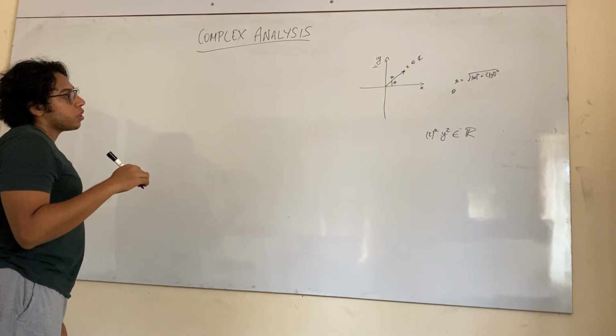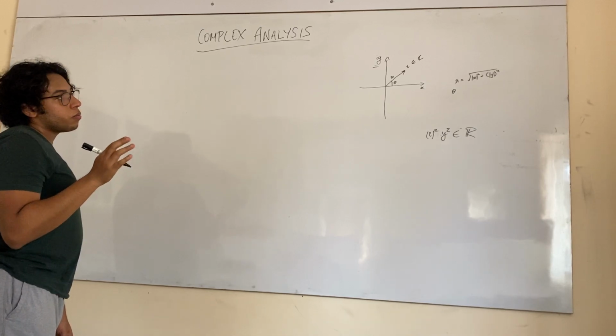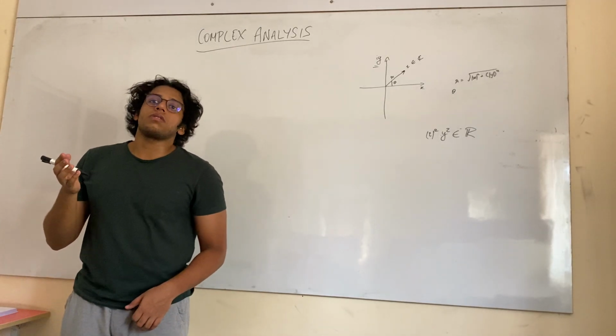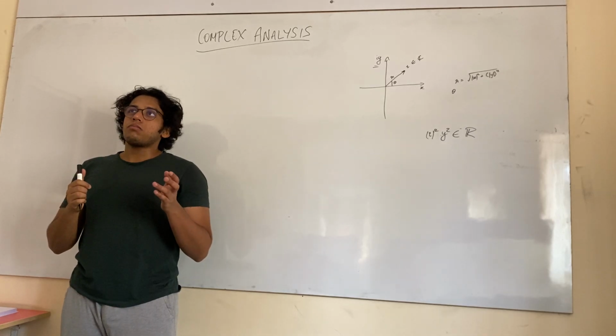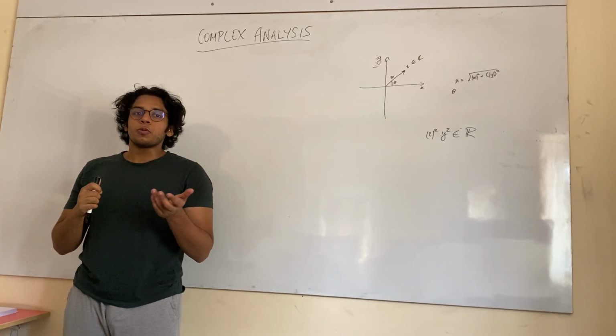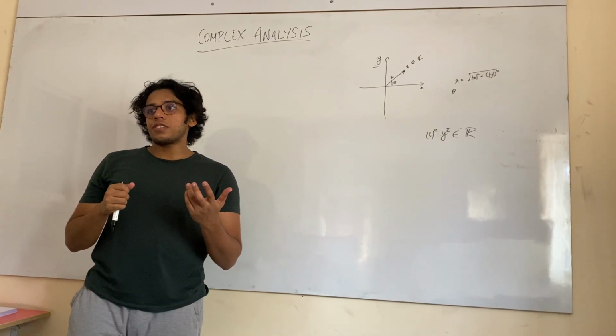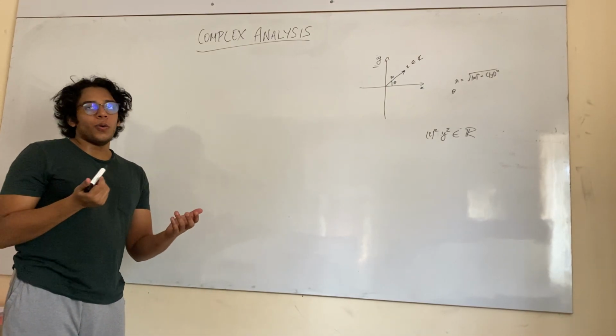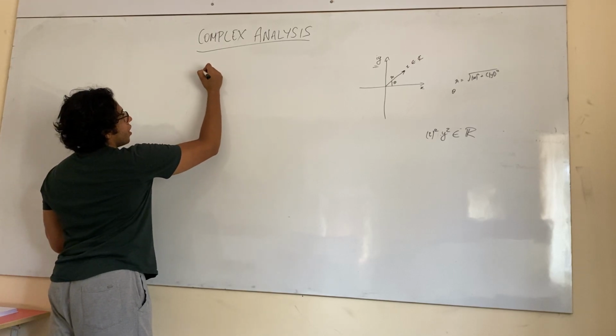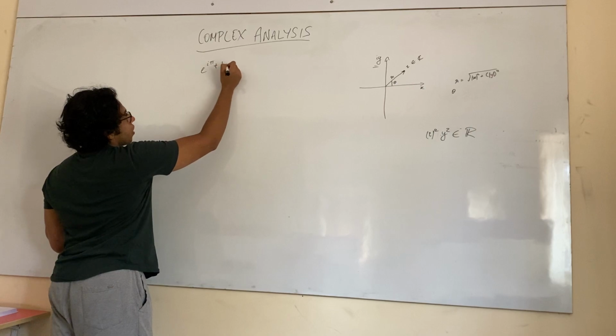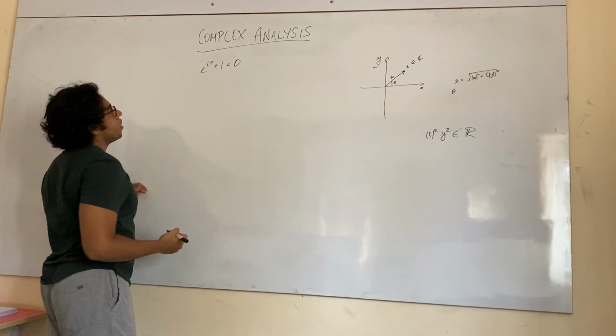Now, getting done with that, the undebatedly most beautiful, simple result in mathematics comes from Euler's identity, which is essentially e to the power of i pi plus 1 is equal to 0.